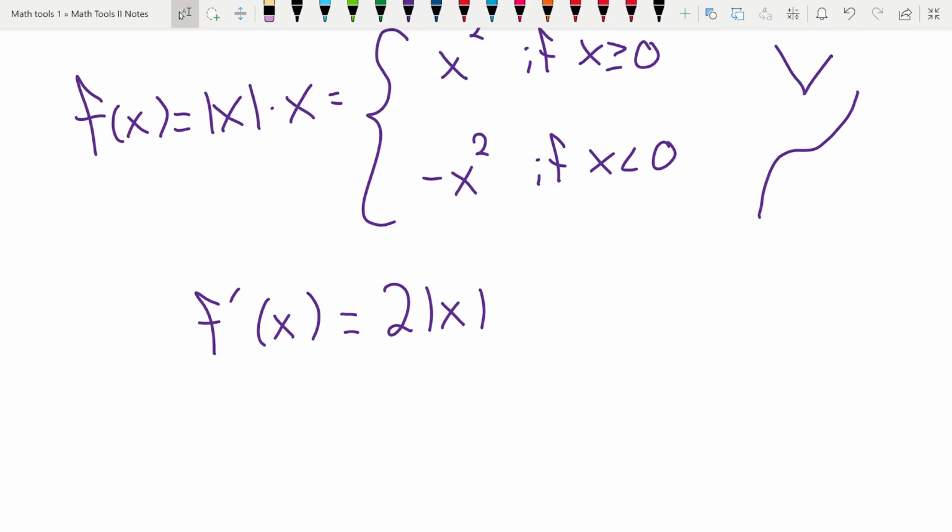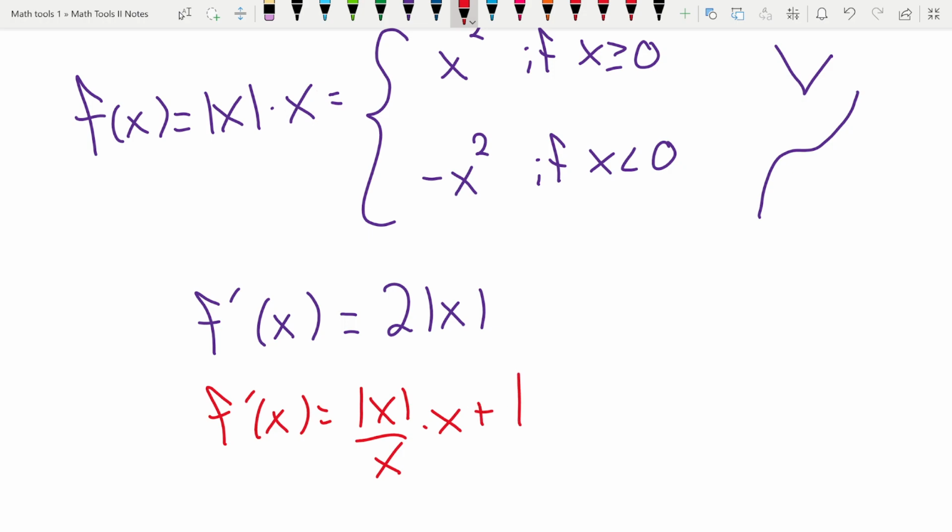Okay, you can actually show this from the product rule. f prime of x equals the derivative of the absolute value of x, which is the absolute value of x over x, and then times the second one, plus the absolute value of x times the derivative of x, which is 1. So these cancel, and we're left with 2 absolute value of x.